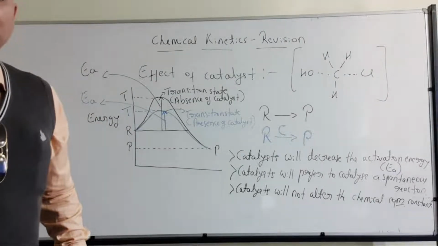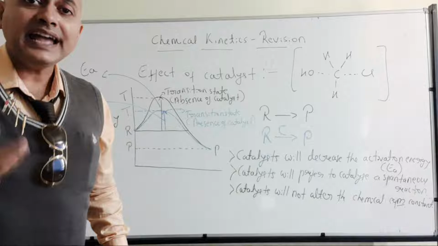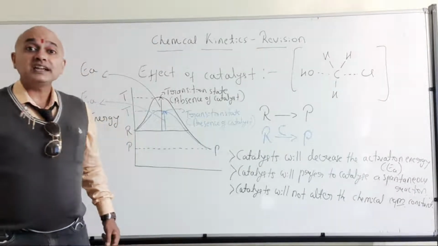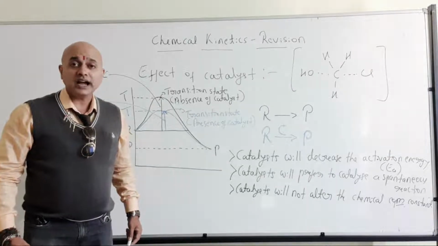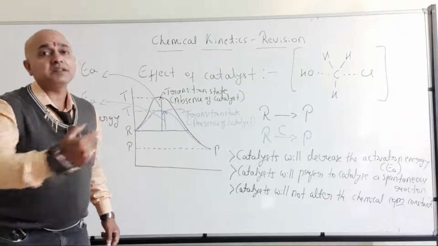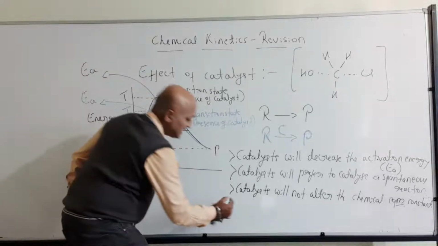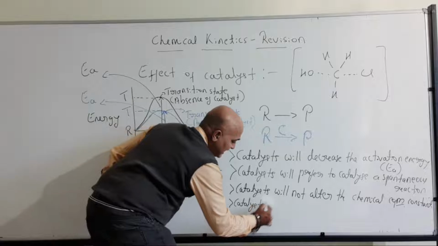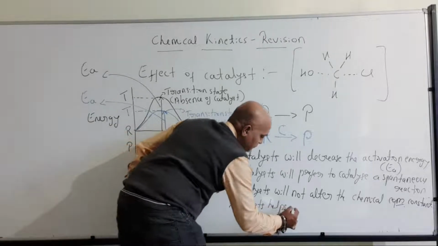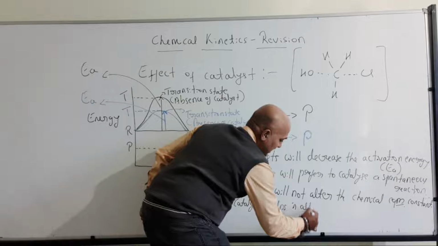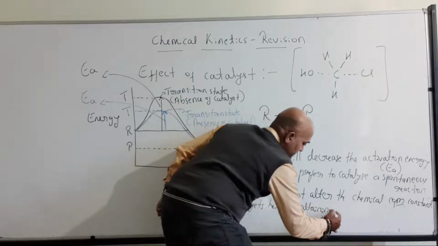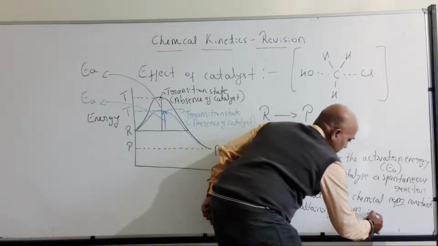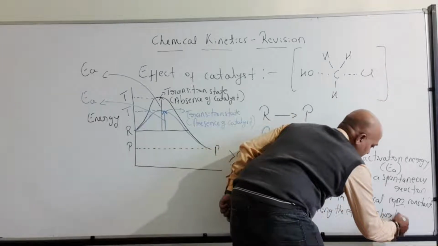Then you might be having a question: then what the hell are catalysts doing? Now the catalyst will be decreasing the duration or time to attain that equilibrium condition. Catalyst helps in attaining the equilibrium in short duration.